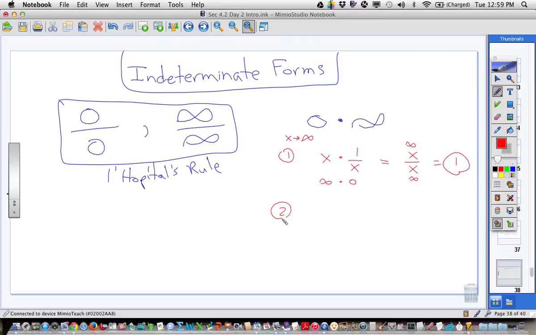Okay, the next scenario would be, say, x squared times 1 over x. Now again, that's an infinity times 0 situation. X squared is getting big. 1 over x is getting small. Which one wins? Well, I can write that as x squared over x. Well, that's an infinity over infinity.